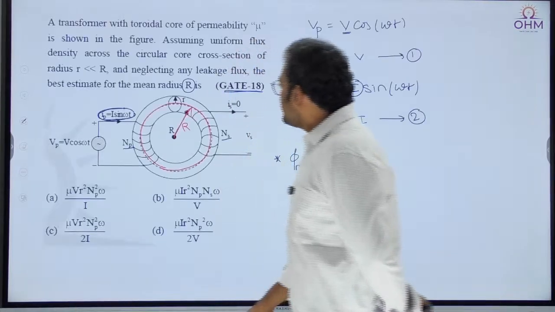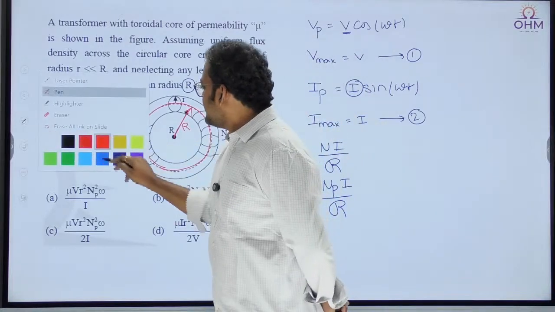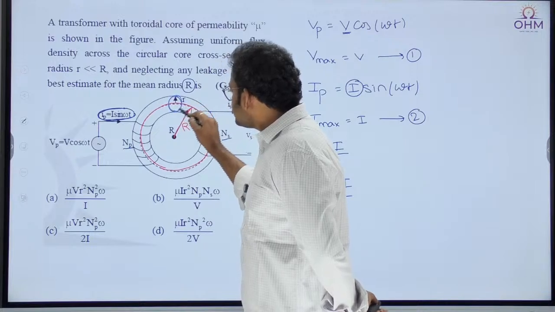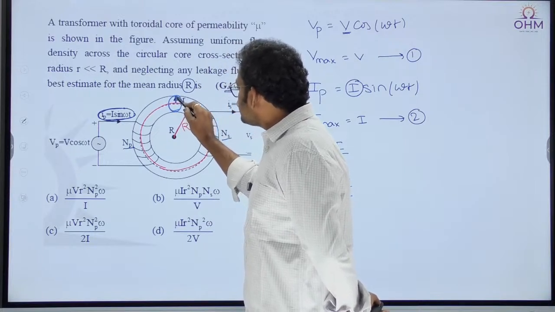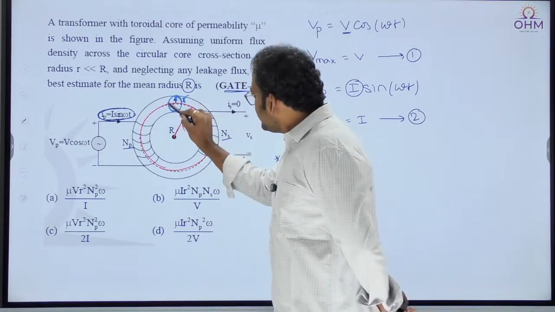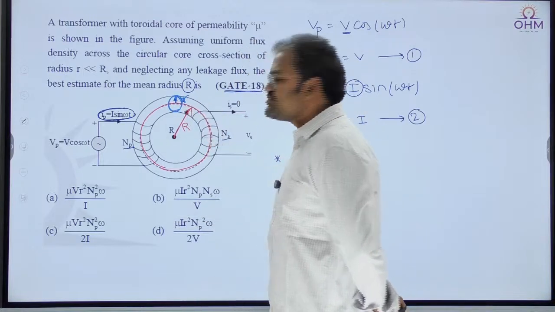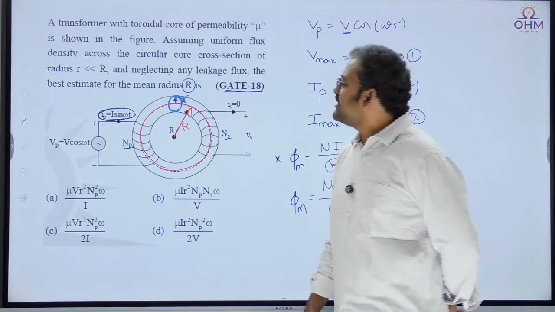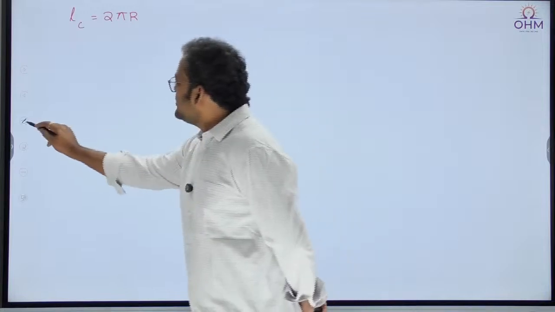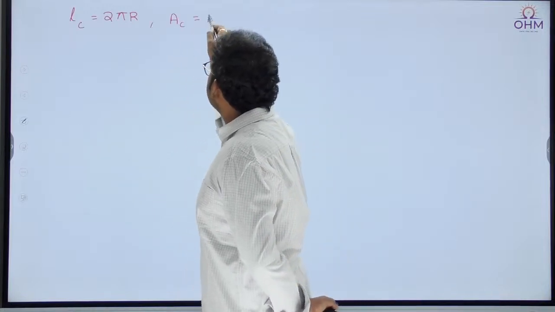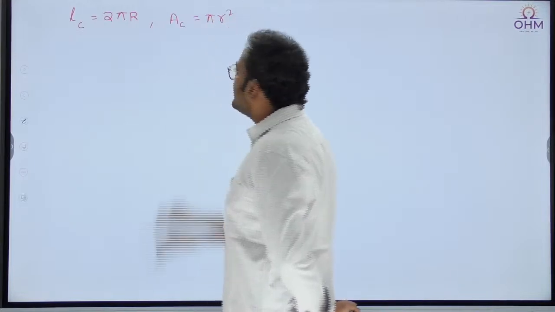Okay, what is the cross-sectional area? You can see this core has a thickness, a circular cross-section, and the radius of this circular cross-section was a small r. For a circular cross-section, if radius is small r, then what is the area of cross-section? Is it not pi r square? So the cross-sectional area is pi into small r square.